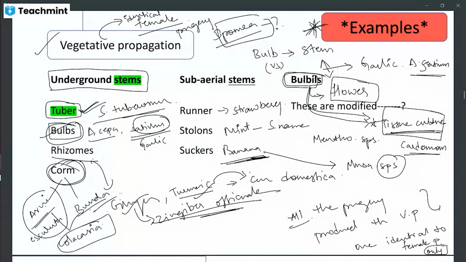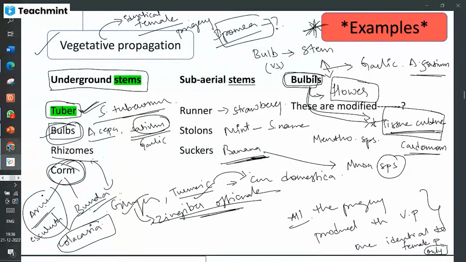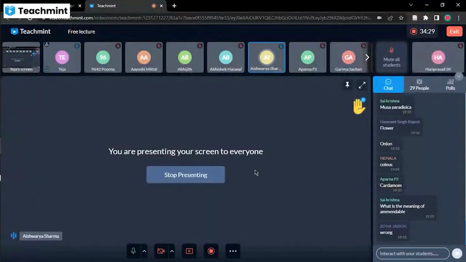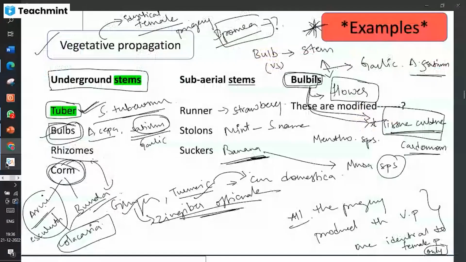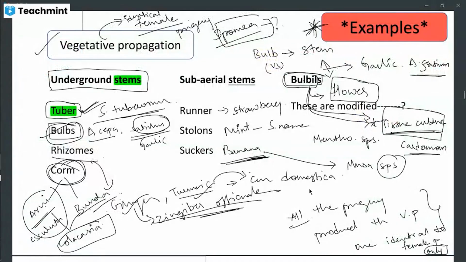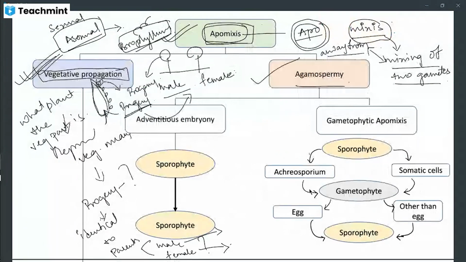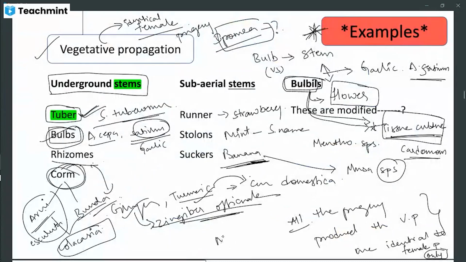Is this statement right or wrong? Wrong, false. So what would be the right statement to make? Female or male? It depends on which part. So both male and female identical plants can be obtained.